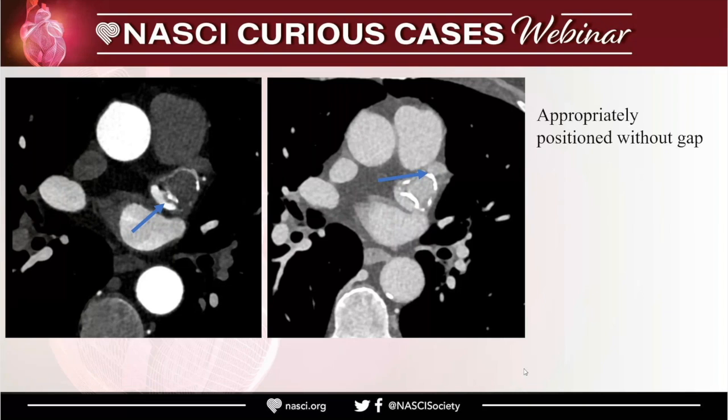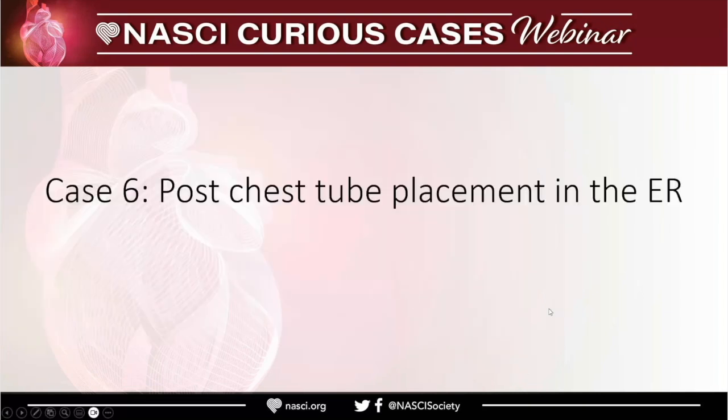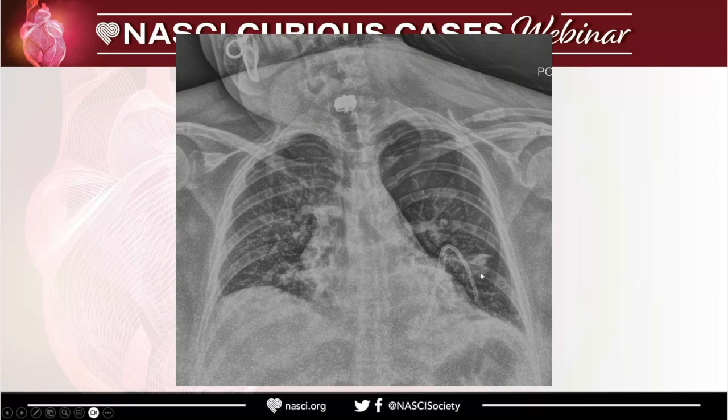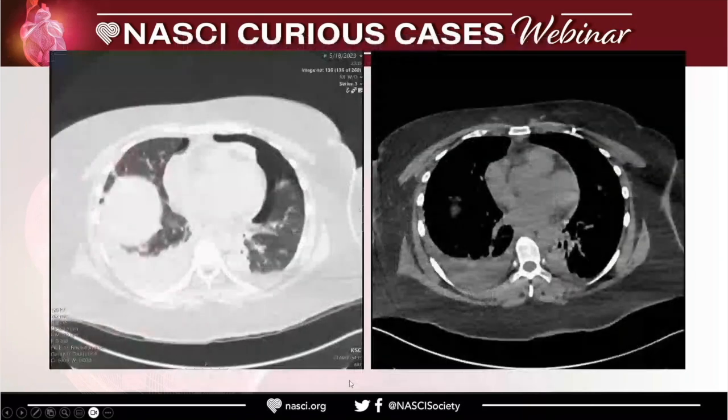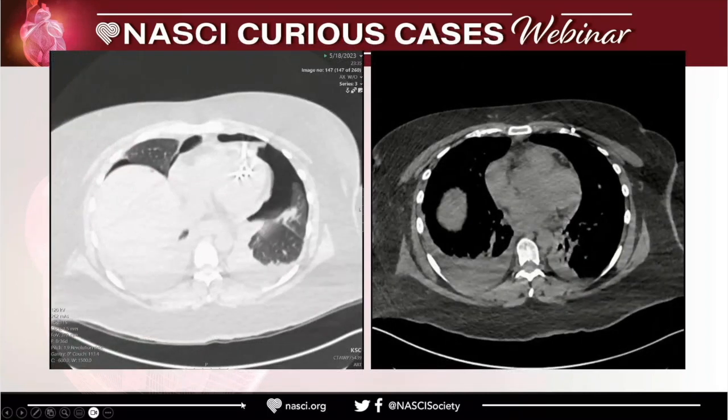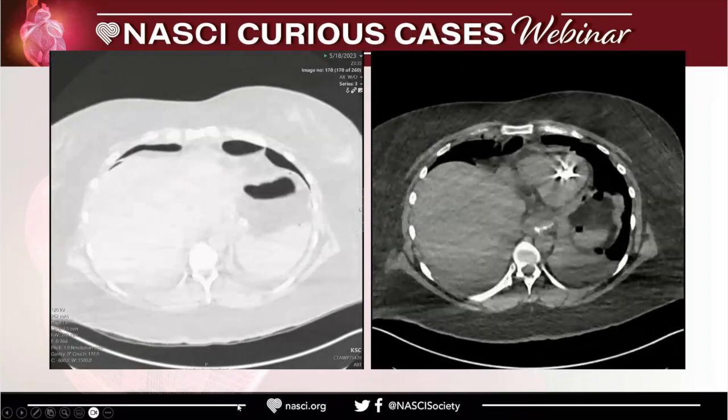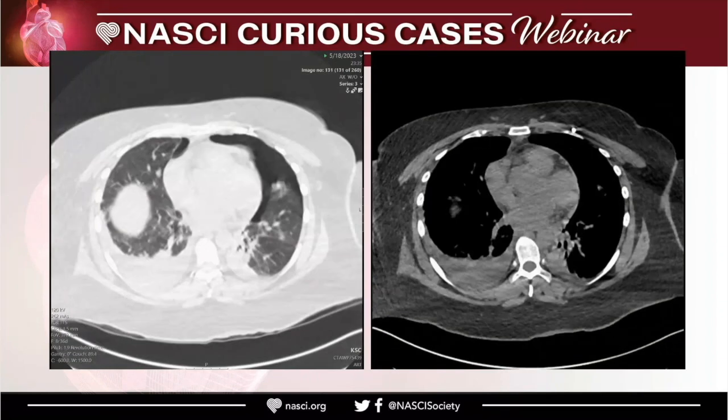Thank you. One more, real quick, and then we go. You will have to be a real expert to do this. This person has a pneumothorax. There is a tube here, and look at the tube and you will know why I'm saying you have to be a real expert to do this. Wow.